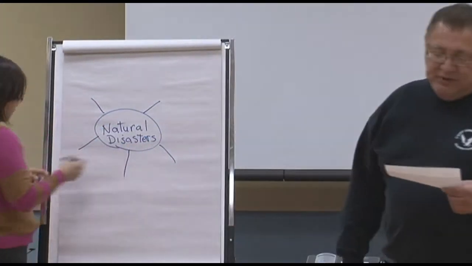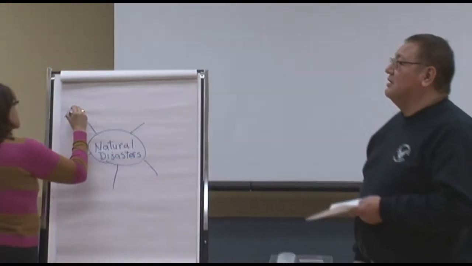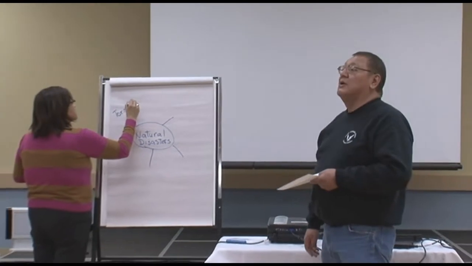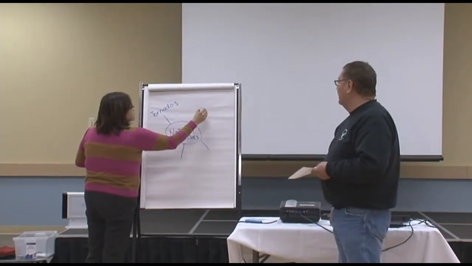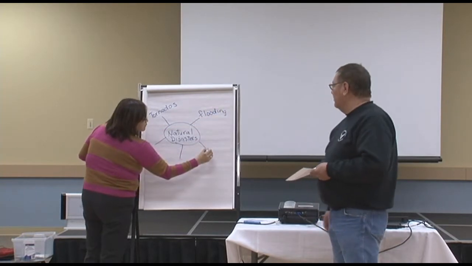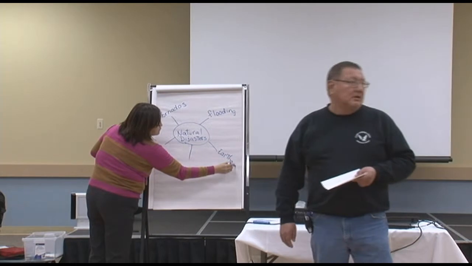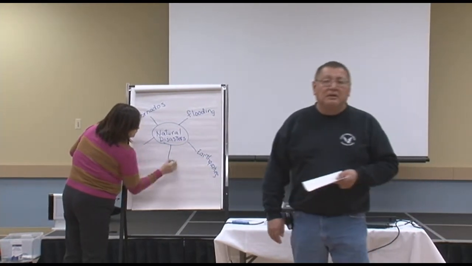So what are some examples of natural disasters? If we think tornadoes down in the States just recently, current events. Flooding. Earthquake. Tsunami. Fire.